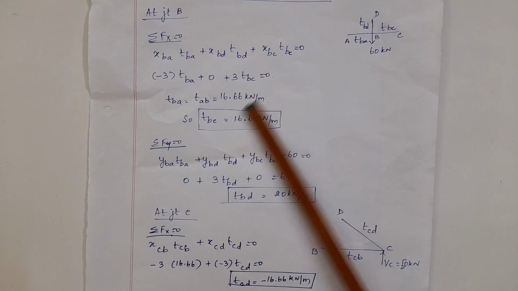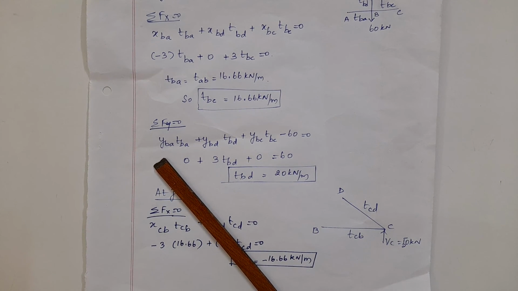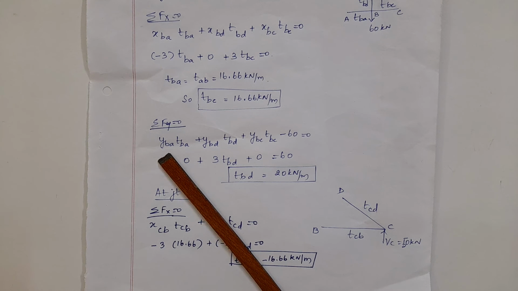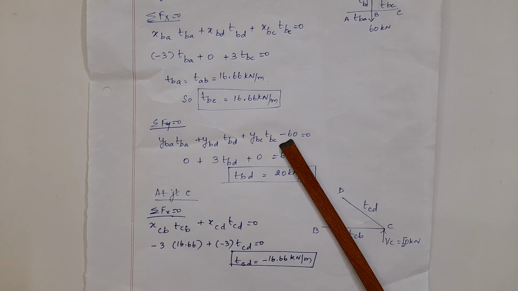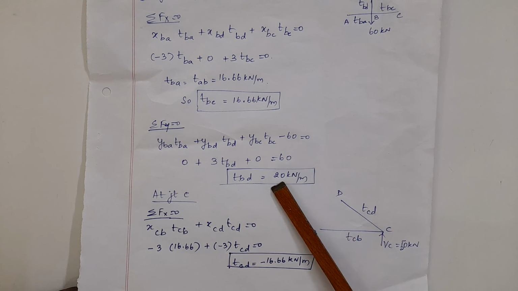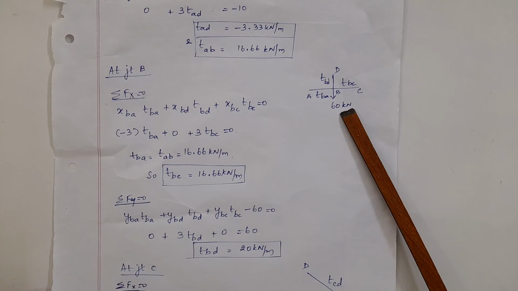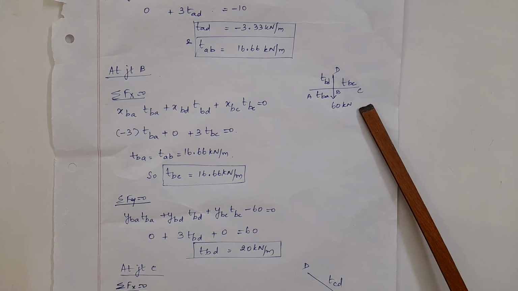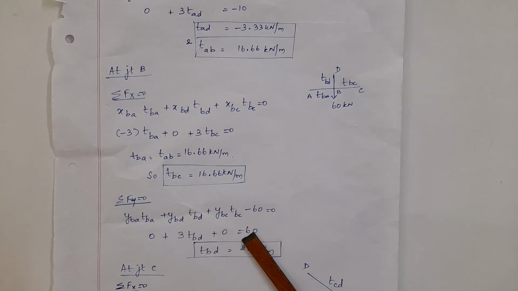So here I have another equilibrium equation at the joint, that is sigma Fy equal to 0. So y coordinate into tension coefficient of each member, and if any vertical direction force has to be equated, and finally simultaneously solve to get the answers of tension coefficient of the two members joining at joint B. So now I can tell, after solving, I get the tension coefficient of these two members.